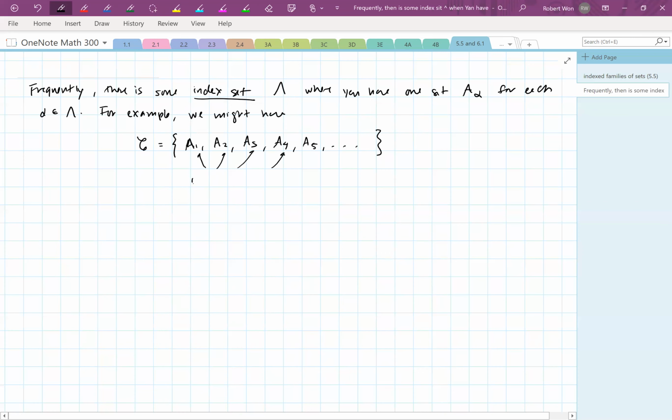So here, these are indexed by n. In this case, the family of sets C is just all the sets, but they're indexed by an index set, the natural numbers, where you have one set for each natural number. We have one set, A_i, for each i in N.